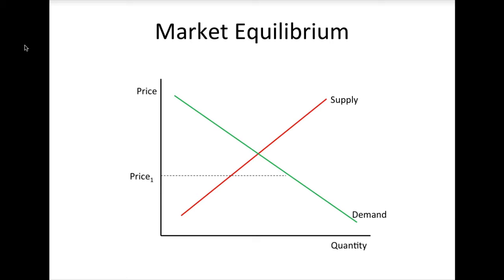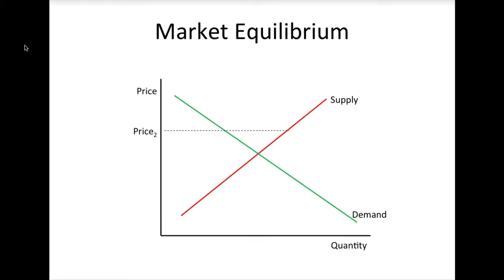At this price, the quantity demanded is greater than the quantity supplied. Because more consumers want the good than there are units available, these consumers are willing to pay more and bid the price up. Because there are forces present which will cause the price to rise, this price is not an equilibrium outcome.